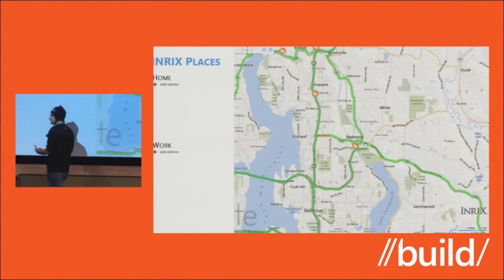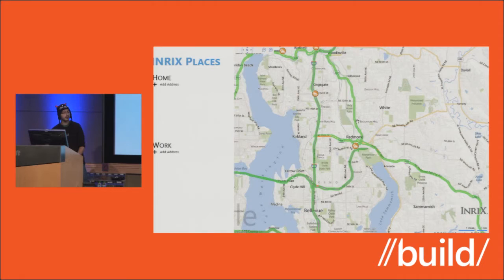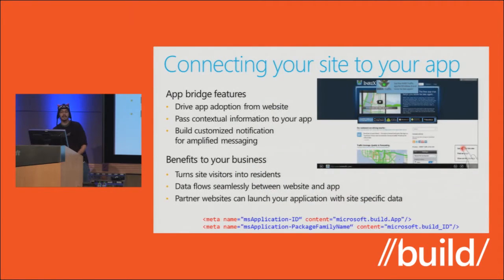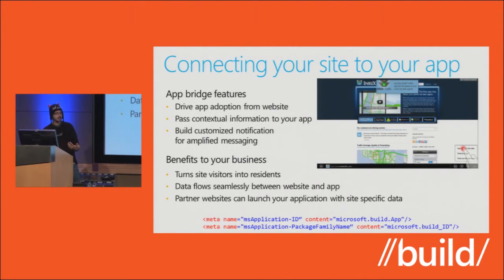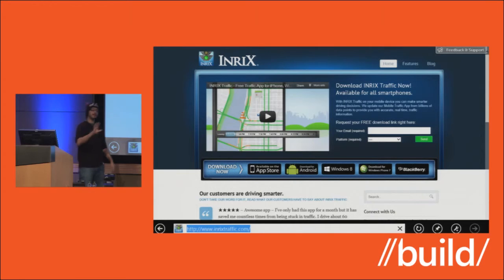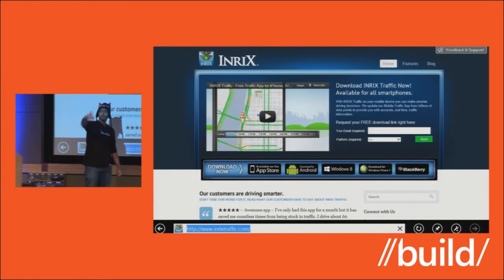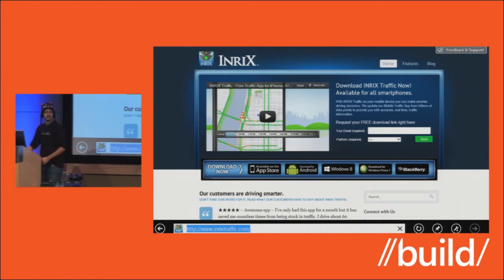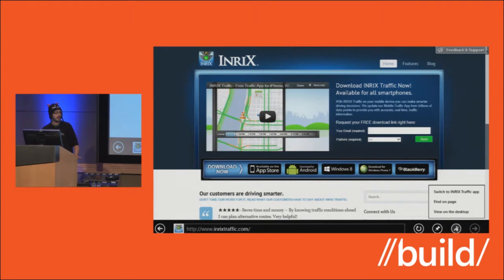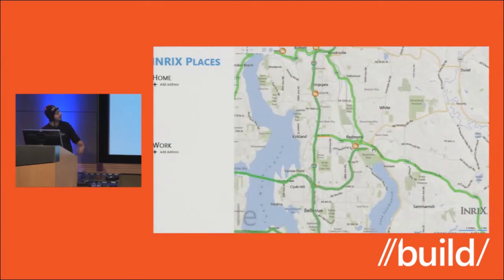For other sites where the site and the app are more complementary experiences, I would encourage you to think about doing a lighter version of this. Let me bring this to the side. Instead of showing the app or prompting the user to switch, just implement the wrench icon, which is about 3 lines of code, and then you can let your users switch to the app. That would get you to your app as well.